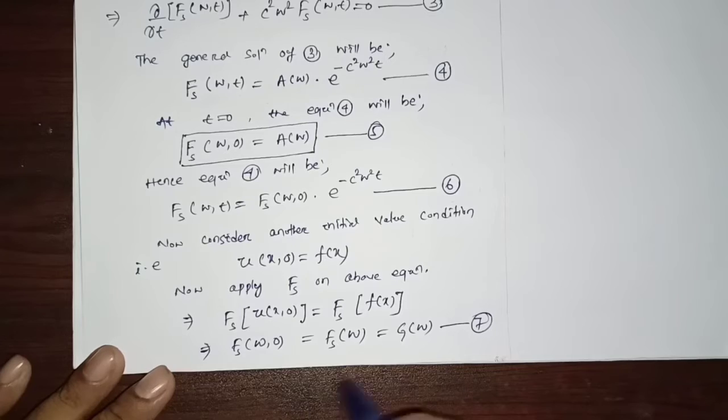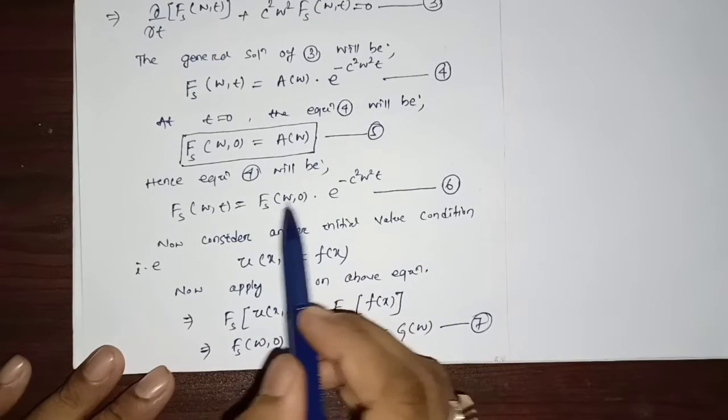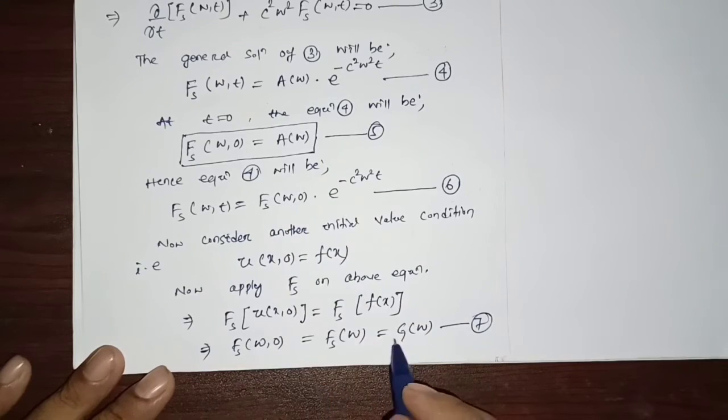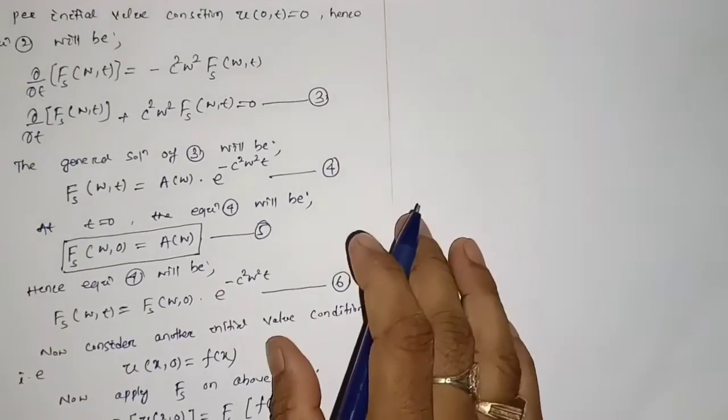Now here you can see that in equation number 6 one term Fs(omega, 0) is there, so instead of Fs(omega, 0) we can write G(omega).